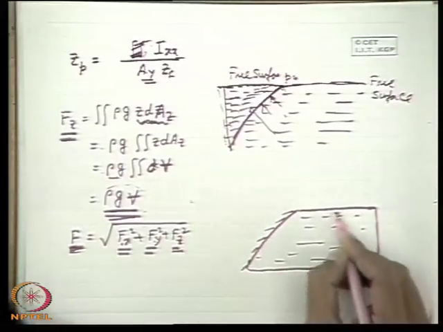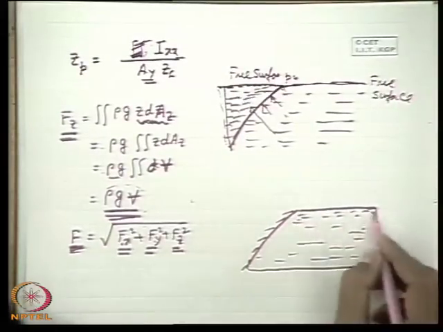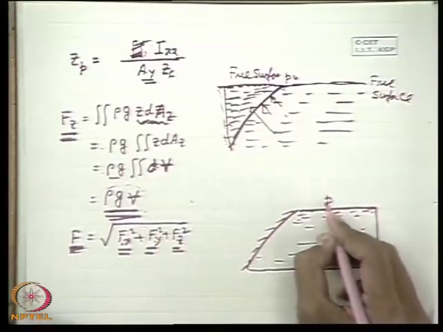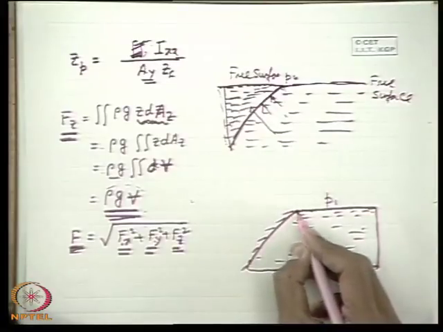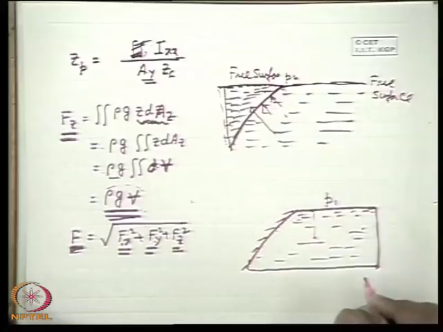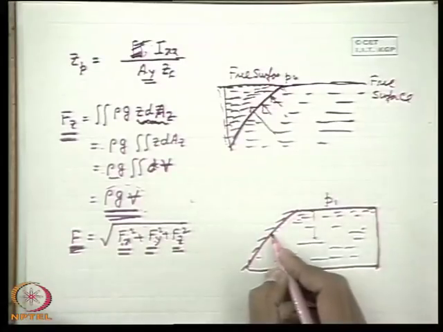So the pressure intensity varies with depth, and here at the top surface the pressure is P1. But at this point the pressure is P1 plus the hydrostatic pressure due to height. So this is the container. What is the force acting on this?